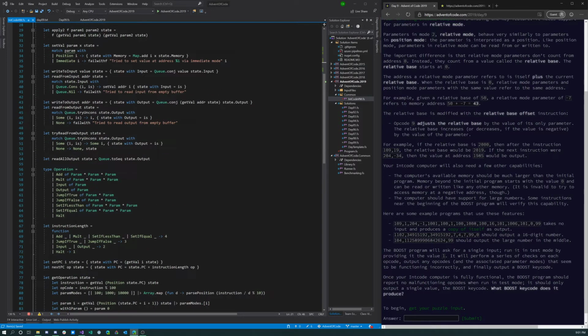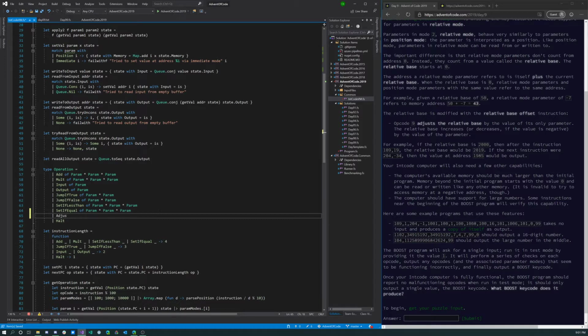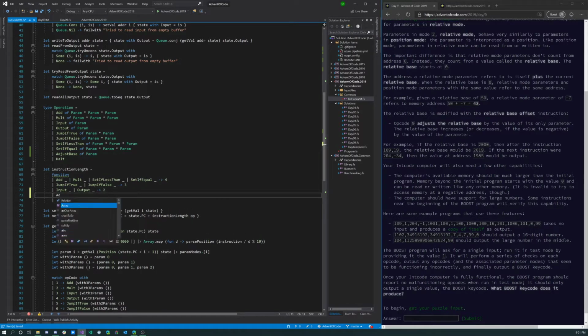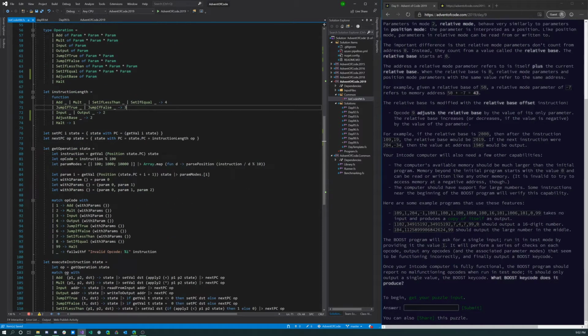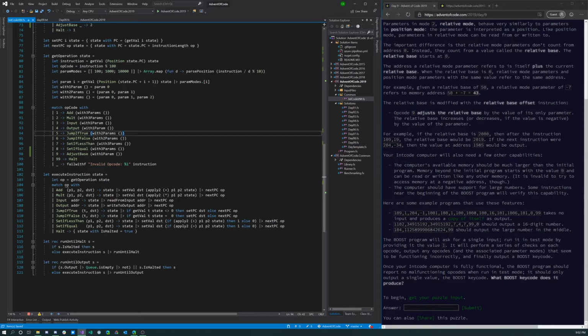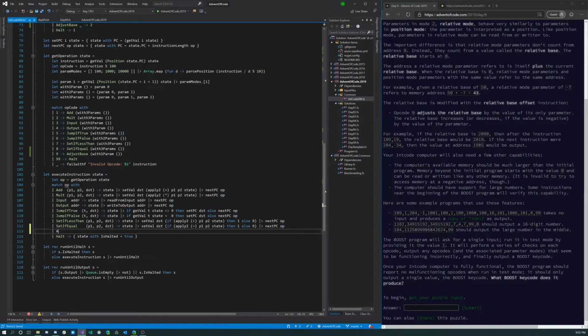So we also have an adjust base opcode, and that is going to be opcode 9.